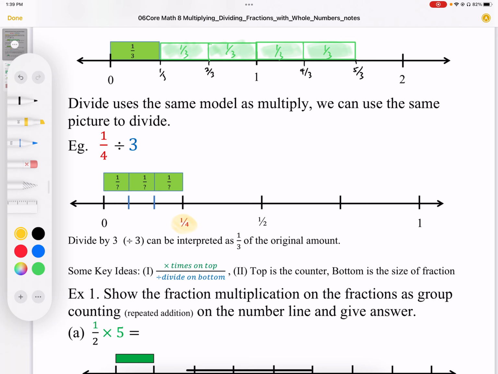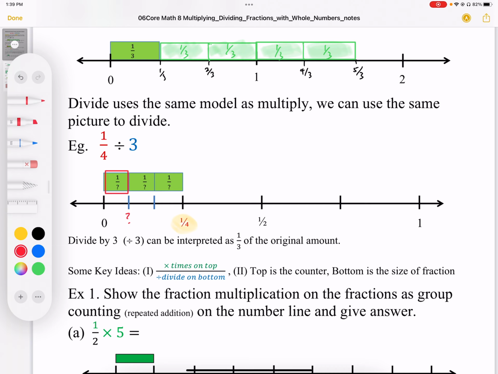That means we're going to divide into 3 equal parts, and we want to see what one of those is going to be equal to. So we have 1/4 divided by 3. We're going to be left with just this one piece here. And what is this one piece equal to?